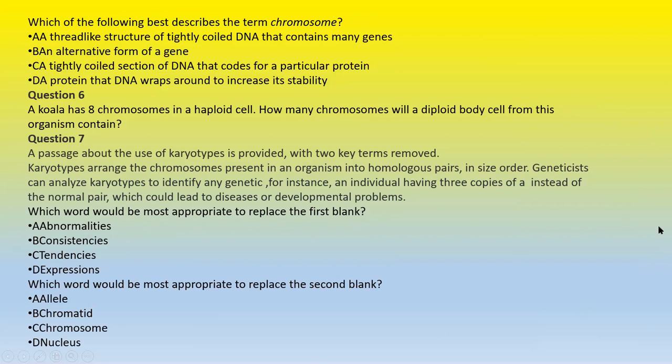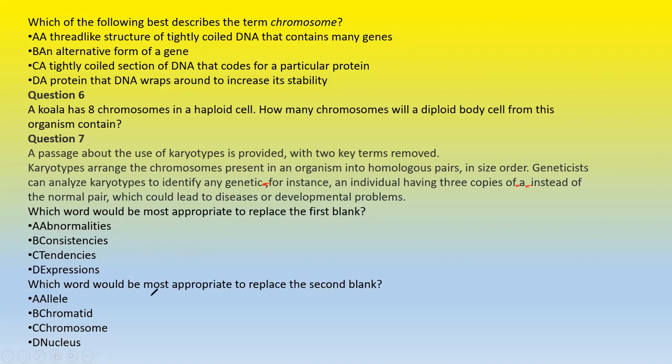I have a blank here: analyze to identify any genetic blank. And for instance, an individual having 3 copies of a blank instead of the normal pair. I have a blank here and a blank there, and I want to know which word to put in the first one. It says identify the chromosomes'... identify what? Abnormality, constituents, tendencies, or expressions? Of course, any abnormality.